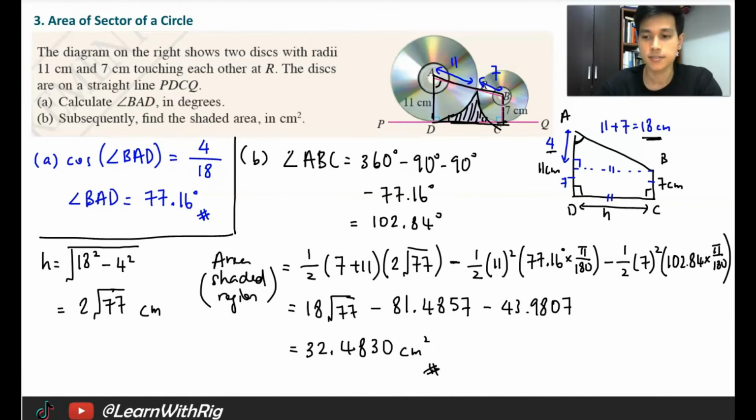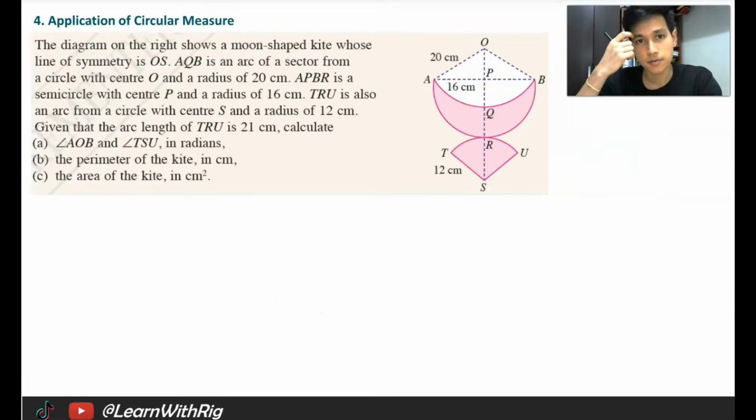Next, the diagram on the right shows a moon-shaped kite whose line of symmetry is OS. For this question, I really need you all to look closely because it's quite tricky. So AQB, where is AQB? This is AQB. AQB is the arc of a sector from a circle with center O. So here is a sector.